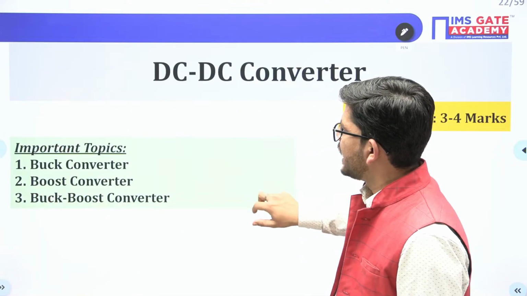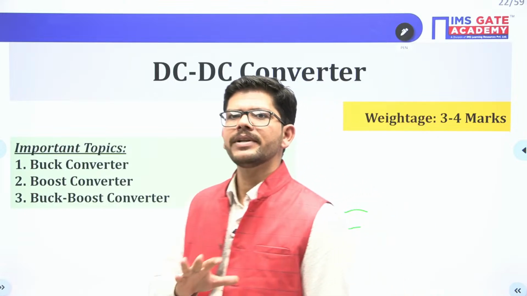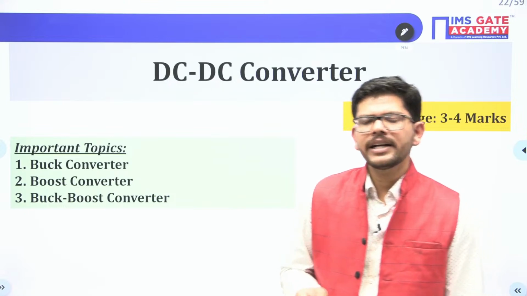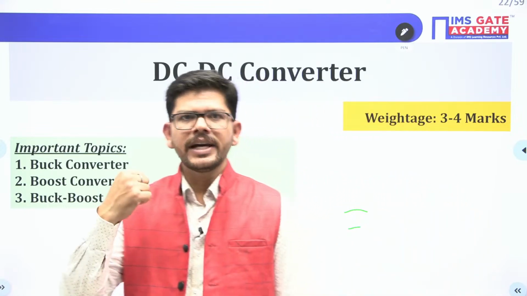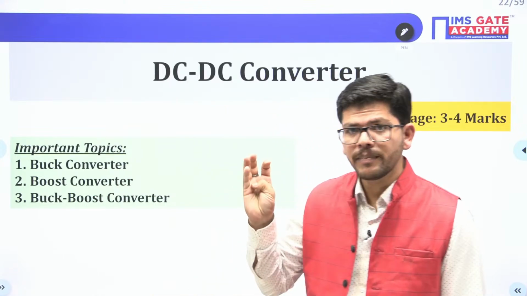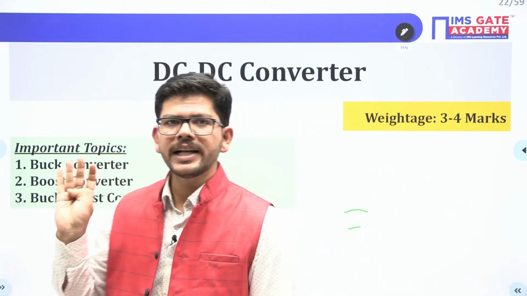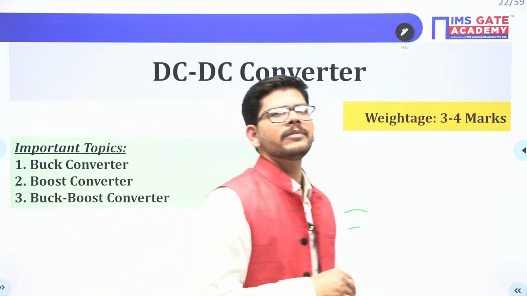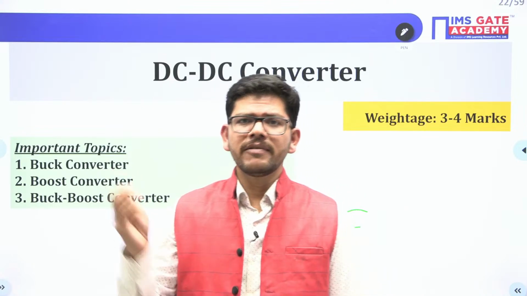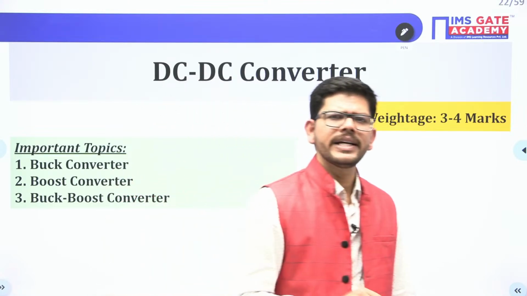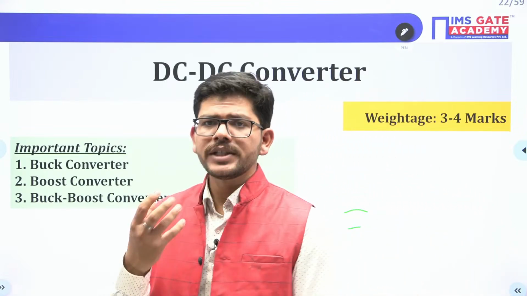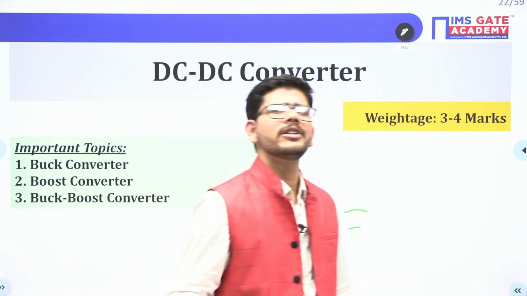So guys, this is the end of the first chapter, which is power semiconductor devices. You can expect questions from switch realization. We have covered that topic. You can expect a question from the power losses of a device. We have covered that too. You can expect a question across all the devices about their reverse recovery time, minority and majority carrier devices, their switching frequency, and their speed of operation.